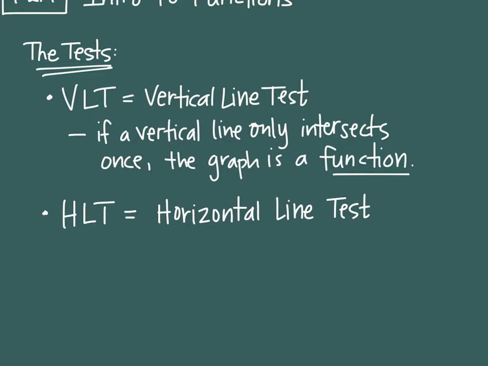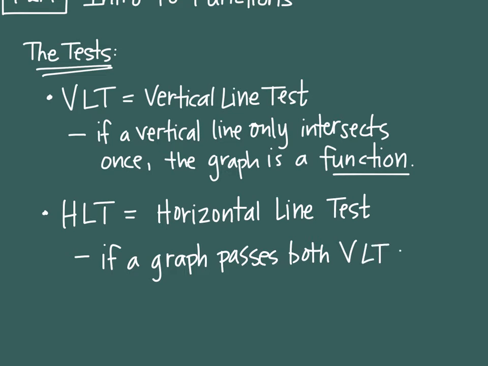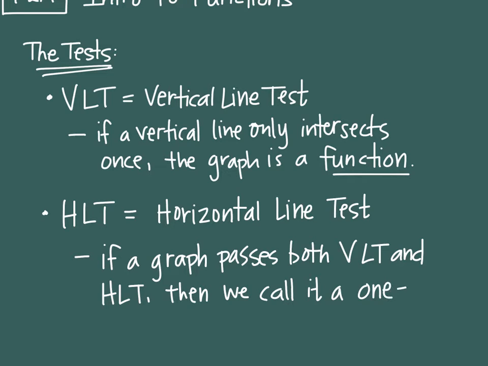So if a graph passes both the VLT and the HLT, then we call it a 1, 2, 1 function.